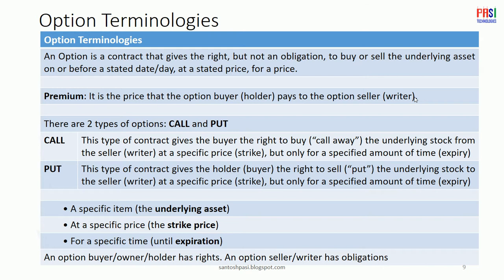Once you pay say 5 lakhs, you will receive a receipt from the builder, and that receipt is nothing but a right to buy. That receipt gives you the right to buy a flat of 50 lakhs rupees, a 1 BHK flat, that's your underlying asset, and maybe within 3 months you need to pay the remaining 45 lakhs rupees to the builder. So that is nothing but a right to buy.